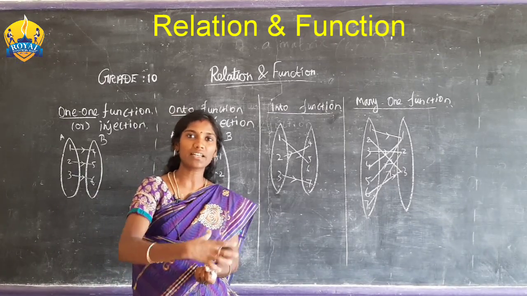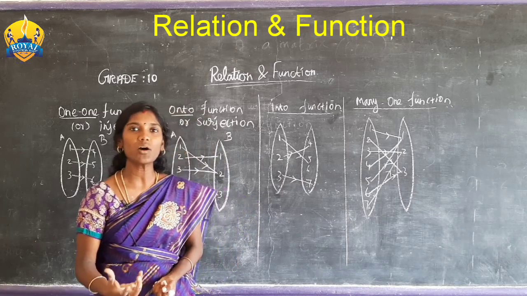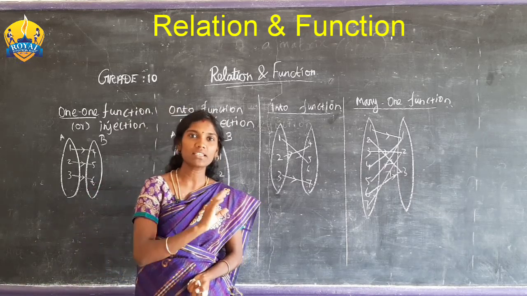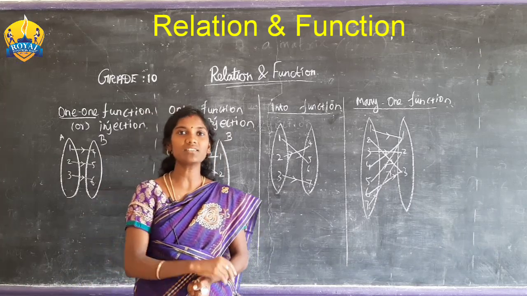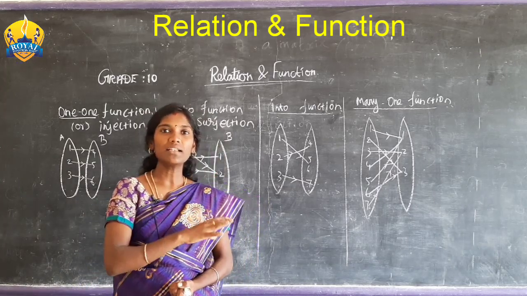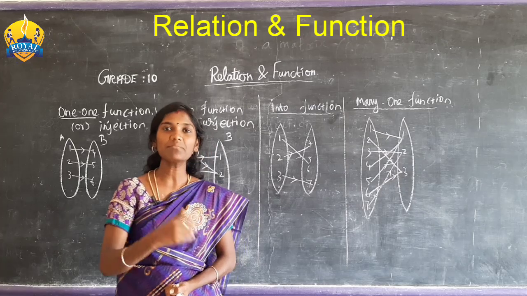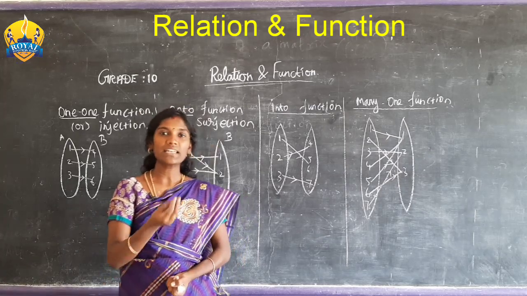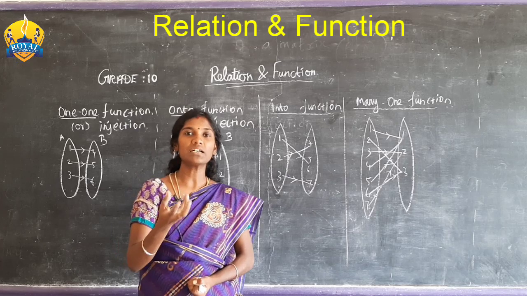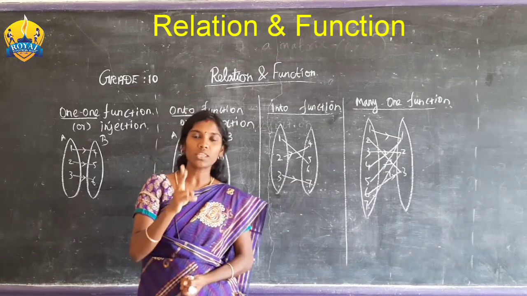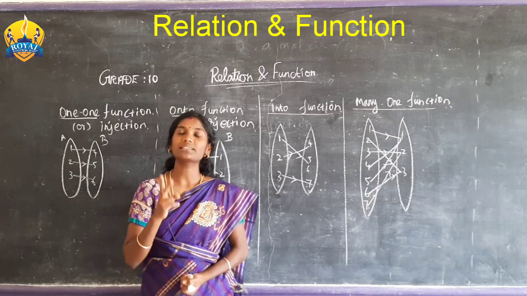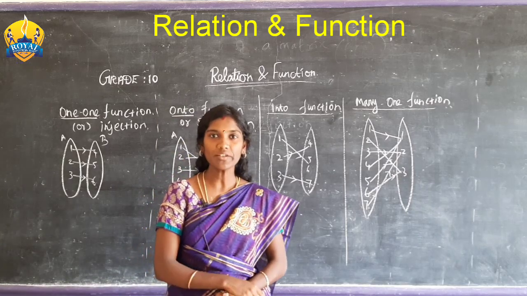In the rice mill it's ground, and after that rice flour comes out. So what is the condition between raw rice and rice flour? The condition is grinding. Like this, milk curdling becomes curd, and a green leaf that dries becomes a brown leaf. So two things are connected by some particular condition, it's called function.